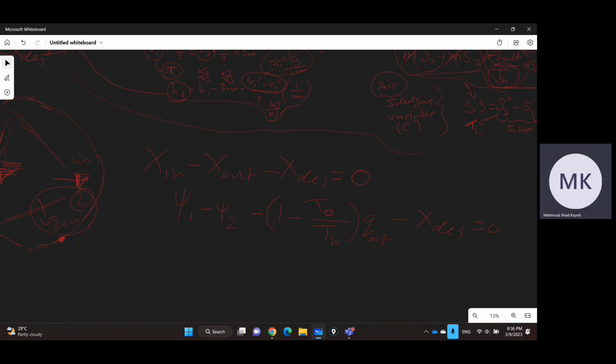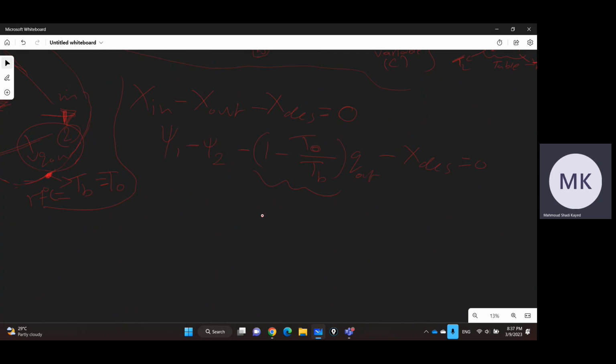Now, in case of the extended boundary, the temperature of our boundary will be the same as the temperature of the surroundings, which is equal to 17 degrees centigrade. So in this case, as discussed earlier, this will be 1 minus T naught over T naught multiplied by Q out, which is 1 minus 17 over 17. Of course, we don't put 17 here. We put it in Kelvin, which will be the same.